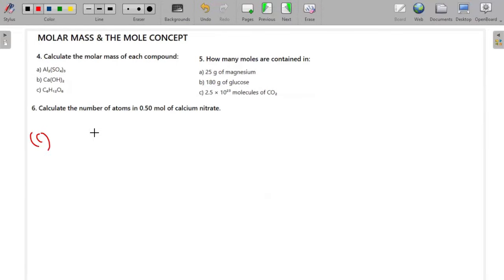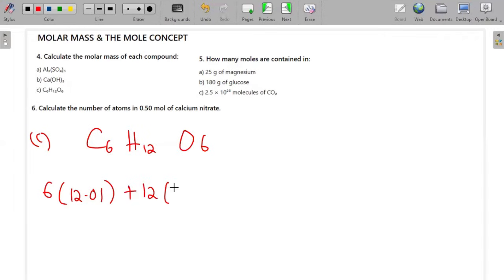So part C, we have C6H12O6. So now it's 6 multiplied by the molar mass of carbon, which is 12.01, you can check it from the periodic table, plus 12 multiplied by 1.01 plus 6 multiplied by 16.